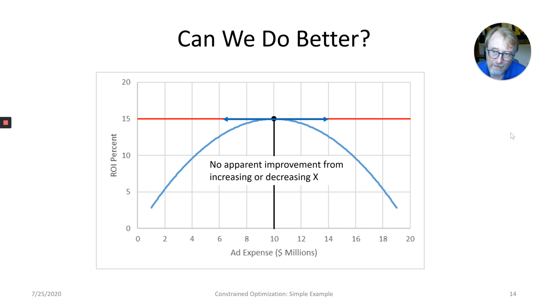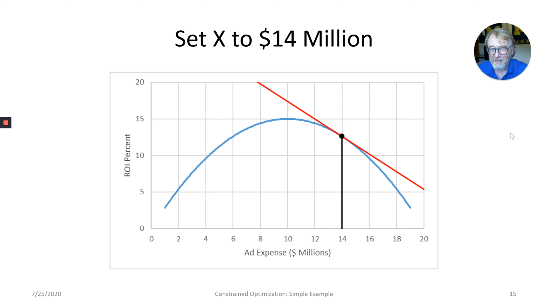red line, right? But since you're good friends with this CFO and you've been so good to the CFO over the last few years, the CFO says, oh, I'll be nice to you and I'll increase your budget for next year. So let's go ahead and push it up to 14 million. And now when you push up to 14 million, your ROI went back down to 12%.